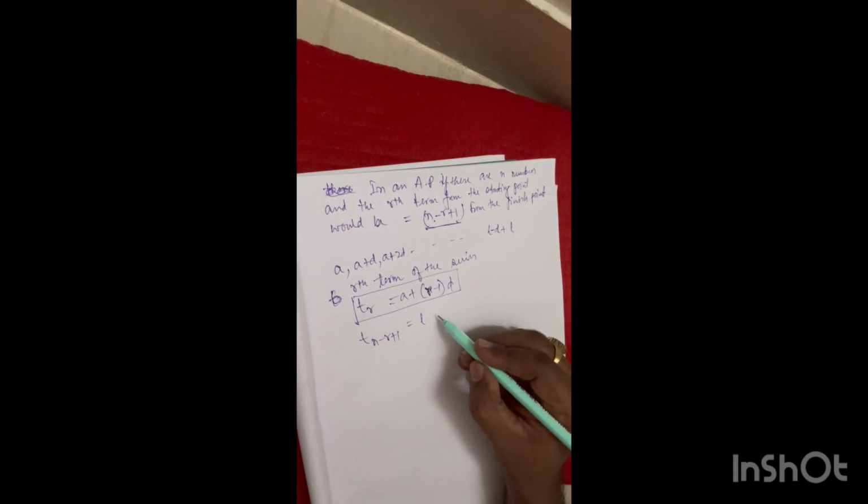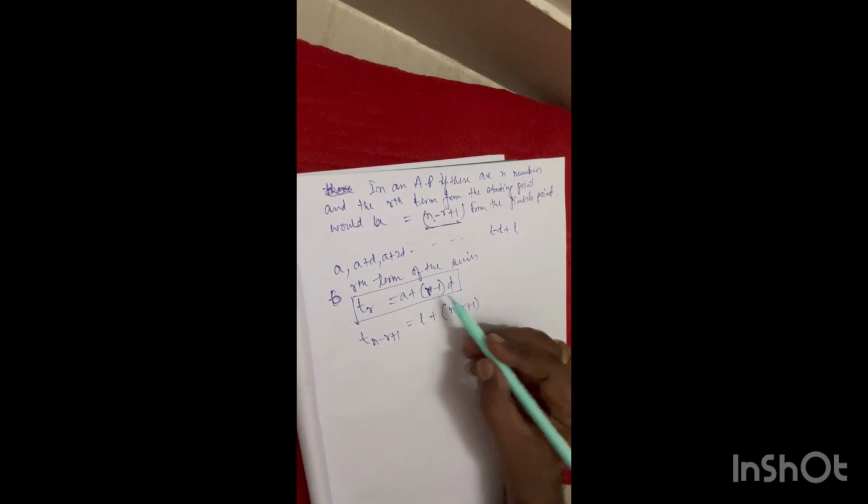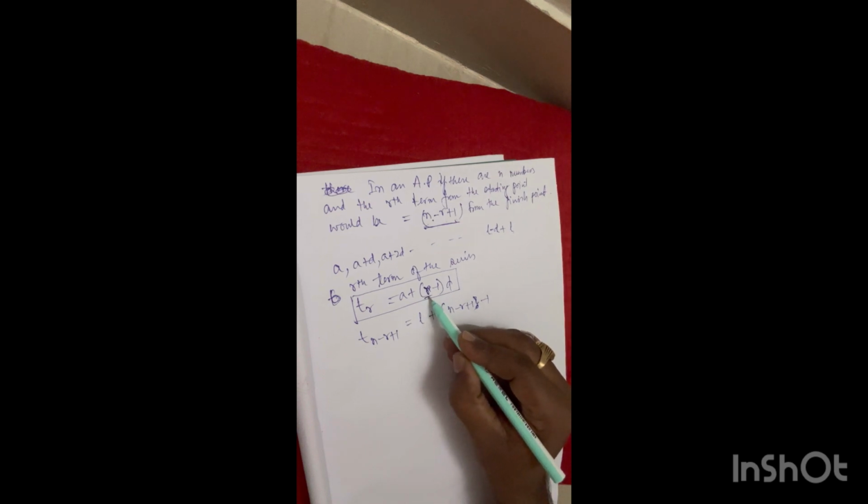Now let's see n minus r plus 1 from the back end. The first term will be L plus my numbered term, n minus r plus 1th as per this formula, minus 1. This will represent the position of the term. That means in this case it is n minus r plus 1, and as per the rule I have to deduct 1, and d in this case it will go reverse.